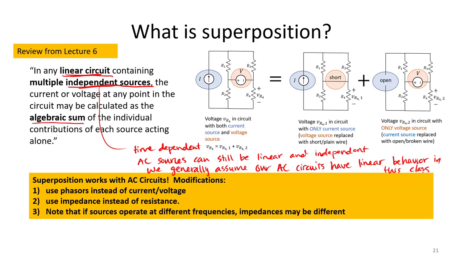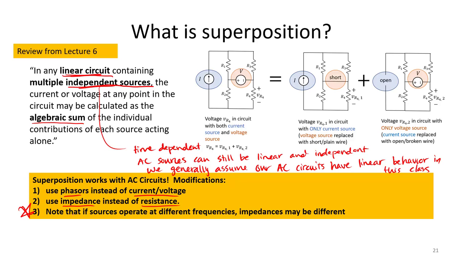All right, so we're going to learn in this case that our favorite superposition tool from DC circuits also works with AC circuits. There are just a few modifications we need to make. First, like before, we use phasors instead of current and voltage values. We use impedances instead of resistance, inductance, and capacitance. And notice this last point. This is important.